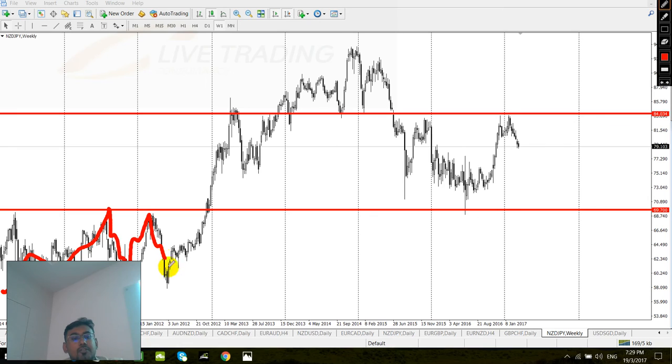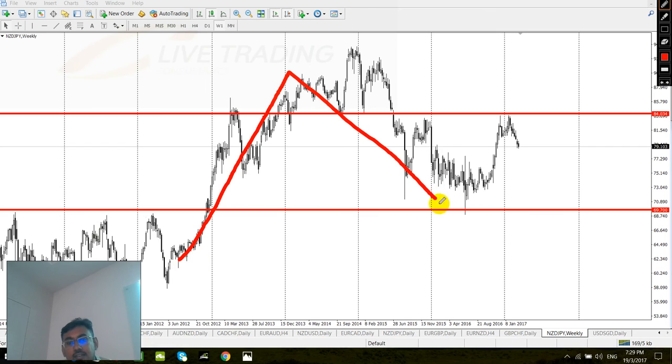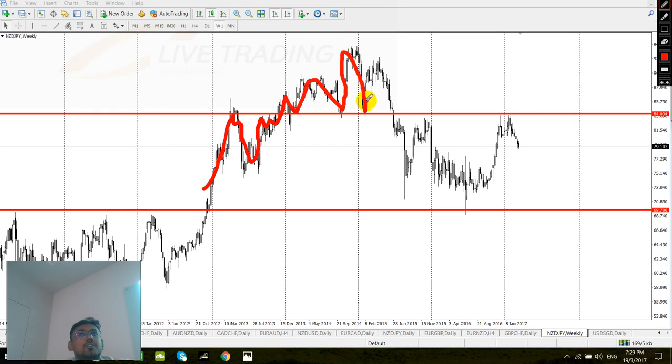Tried to penetrate, failed. Tried to penetrate, penetrated, immediate retest. Did the market retest again? Penetrated, retest again. Tried to advance, failed. Why fail? There's another price action story here. You see, the market tried to penetrate, failed. Tried to penetrate, failed. Penetrated, retest. Tried to penetrate down, failed. Penetrated. Retest. Actually, New Zealand yen is stuck in a very good range.